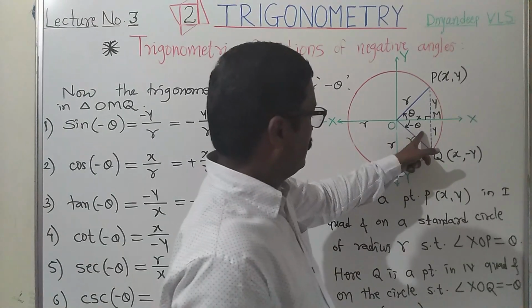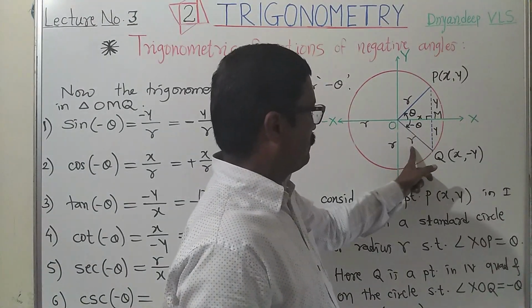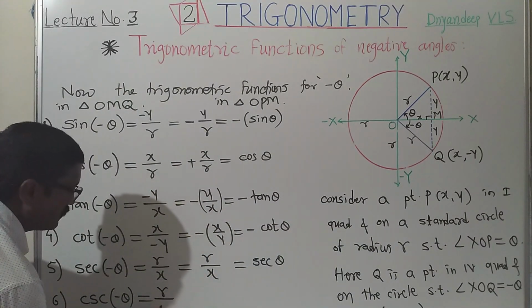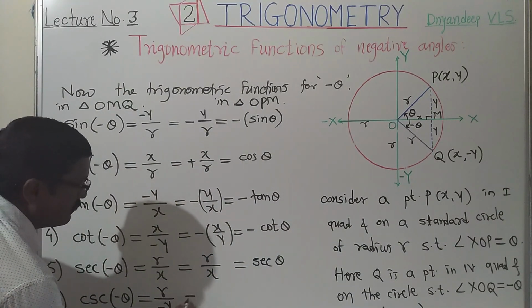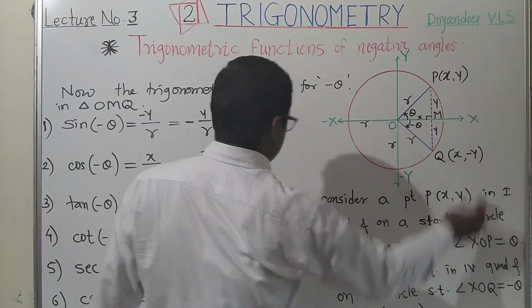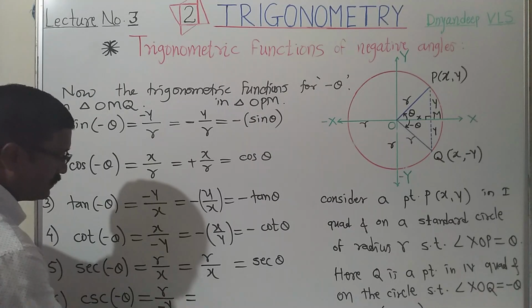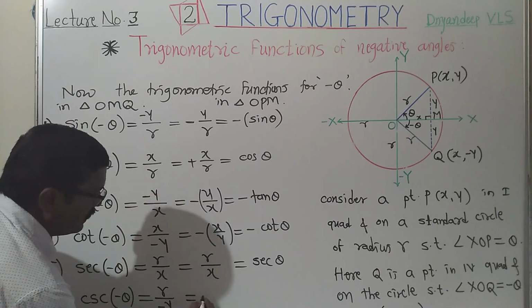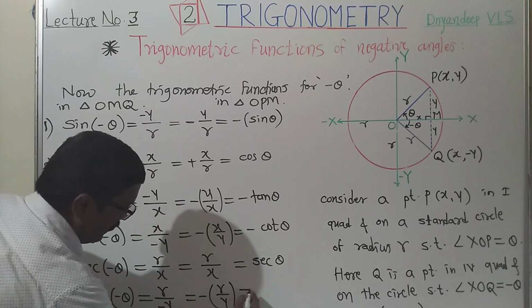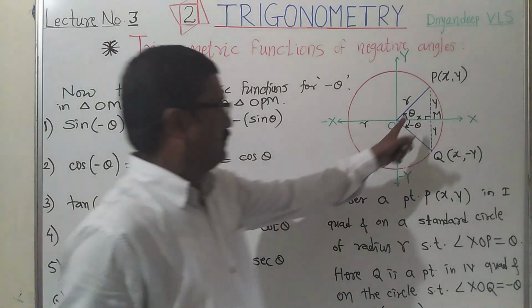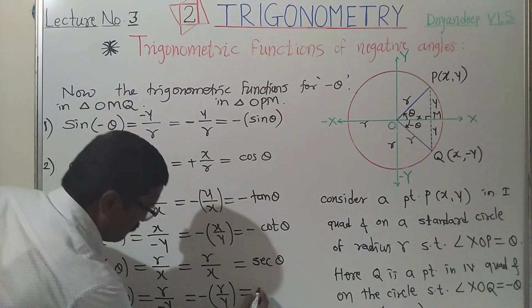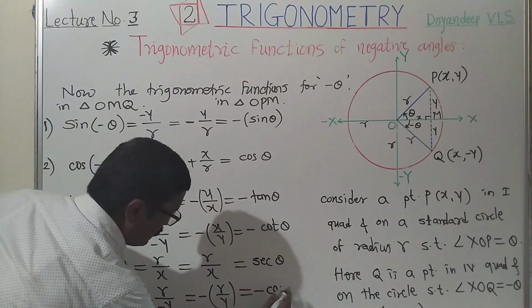In this triangle, cosec is hypotenuse upon opposite, that is r upon minus y, because as a coordinate it is minus y. So r upon minus y is nothing but minus of r upon y, and r upon y in this triangle, hypotenuse upon opposite, is cosec theta. So it is minus of cosec theta.